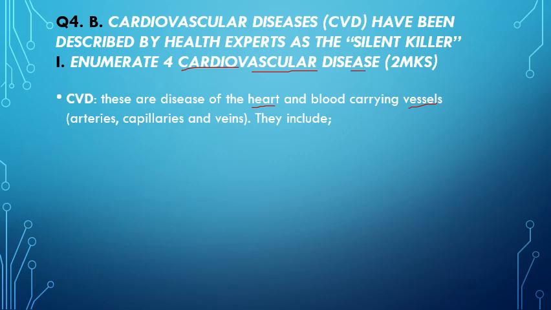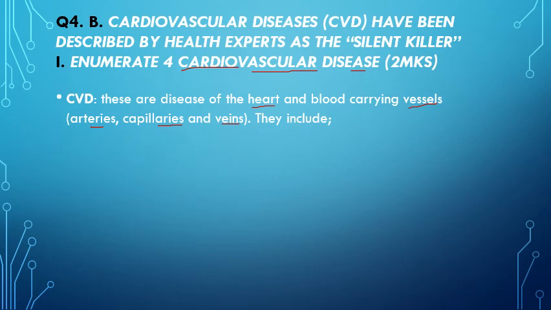So when we talk of cardiovascular diseases, we are referring to diseases that affect what? The heart and the blood carrying vessels. By that we are referring to what? Arteries, capillaries, and the veins. So that is what cardiovascular diseases are all about. Diseases that affect the heart and the blood carrying vessels.